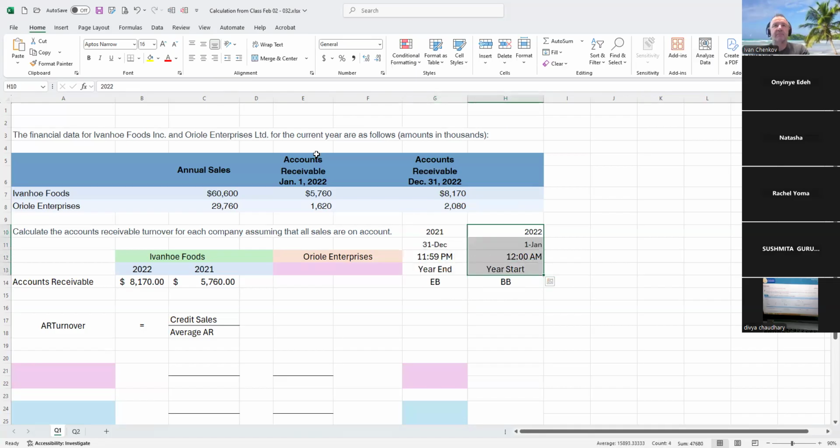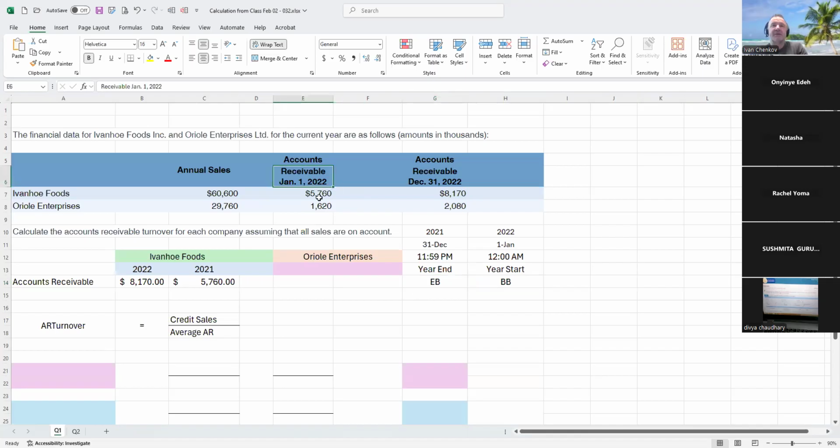No chance at all, right? Because how distant is the ending balance from the beginning balance? It's 1 second. That's how distant one reporting period is from the other reporting period. That's why in accounting we say the ending balance is equal to the beginning balance.